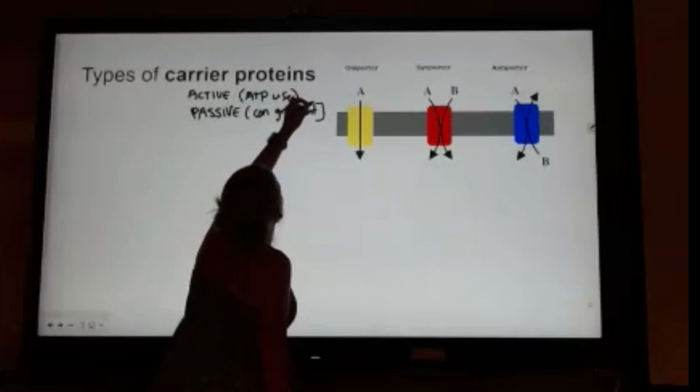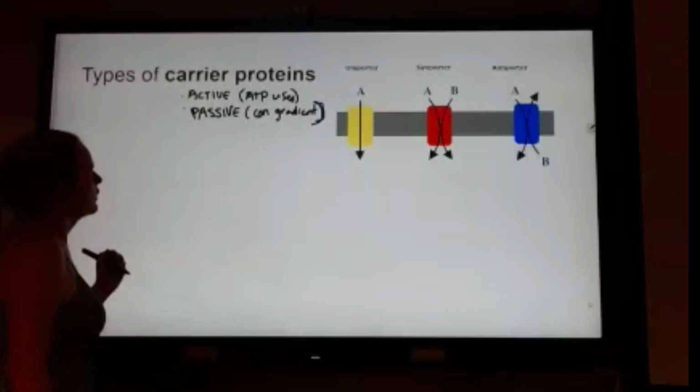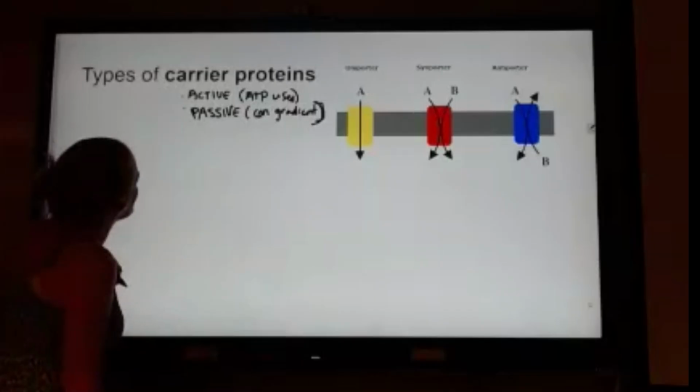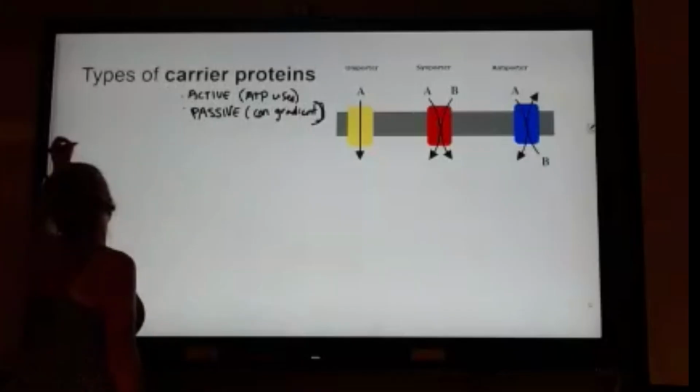We tend to see them more often with active transport, though. All right, so let's talk about our 3 different flavors.